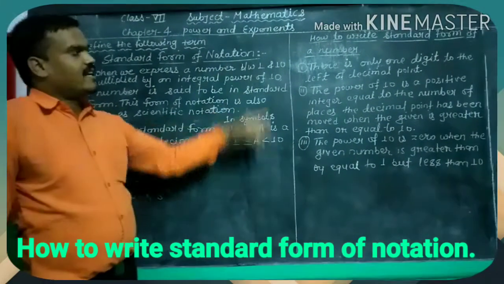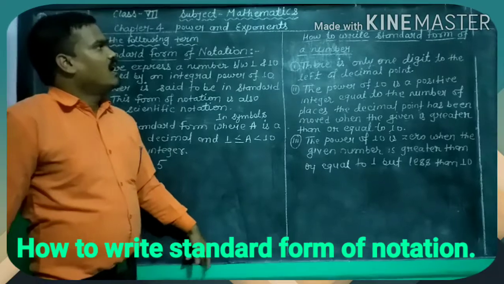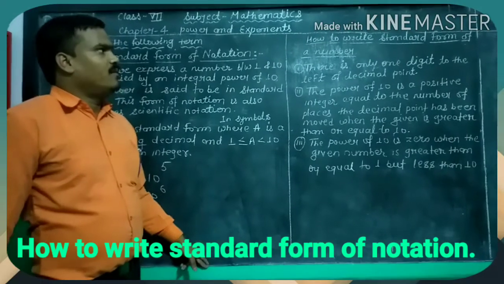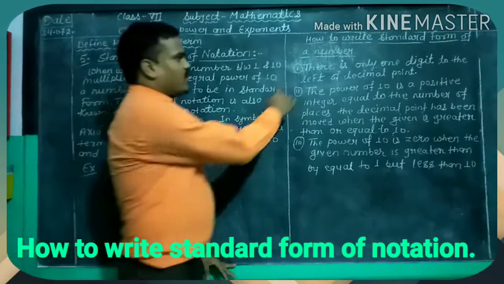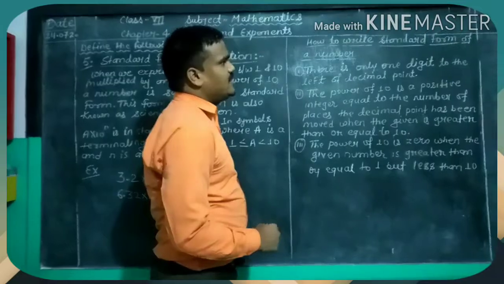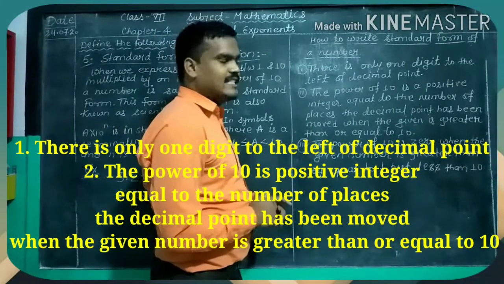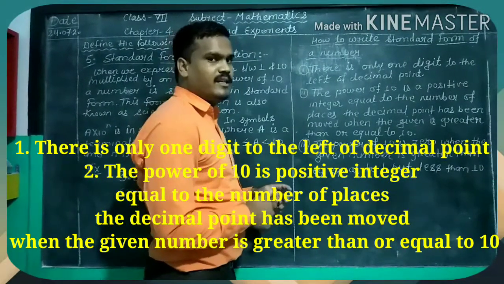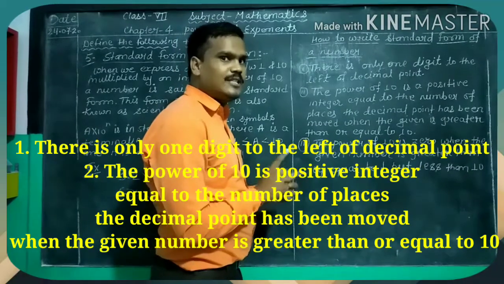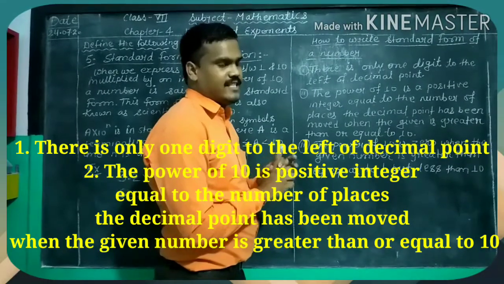So next, understand how to write the standard form of a number. Your first point: there is only one digit to the left of the decimal point, which means before the decimal there should be only one digit.